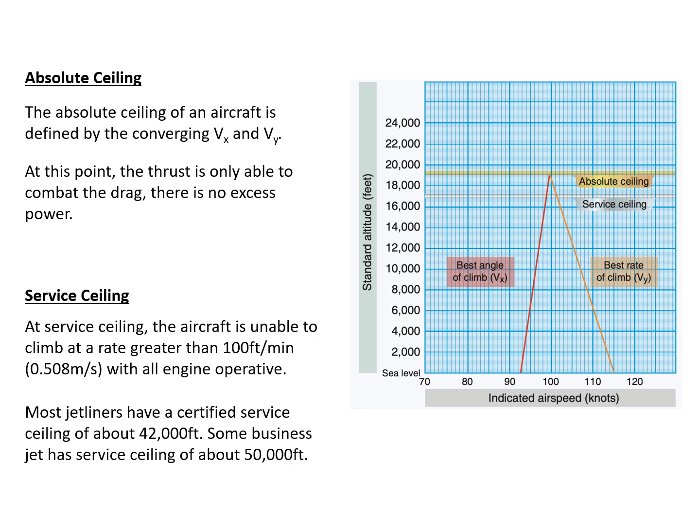Most jetliners have a certified surface ceiling of about 42,000 feet. Some business jets have a surface ceiling even higher, about 50,000 feet. And the Concorde supersonic jetliner has an even higher surface ceiling, about 60,000 feet.